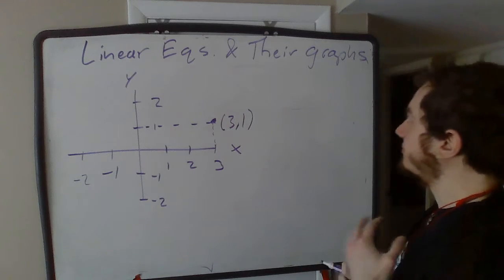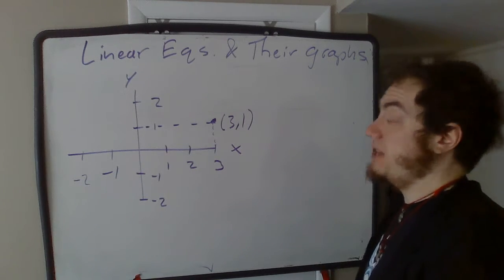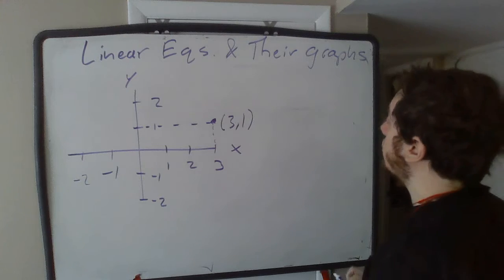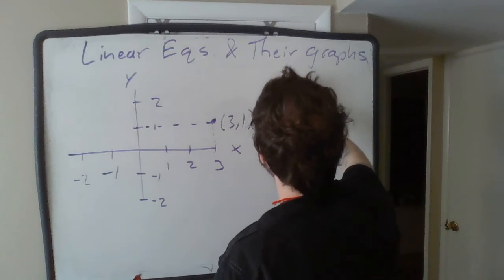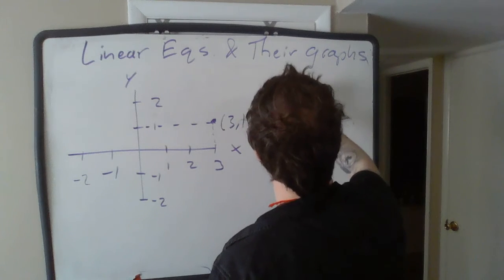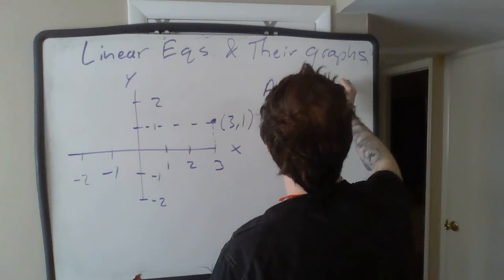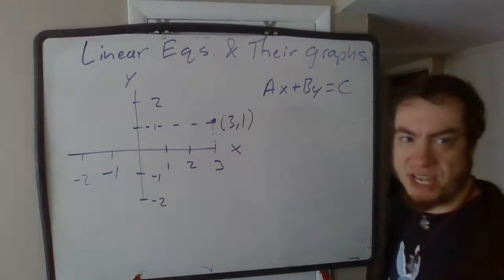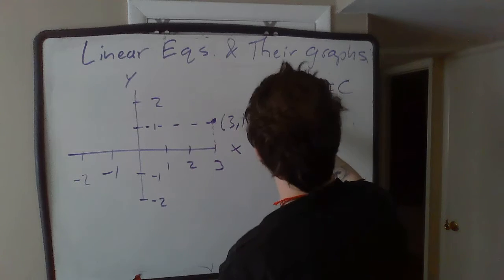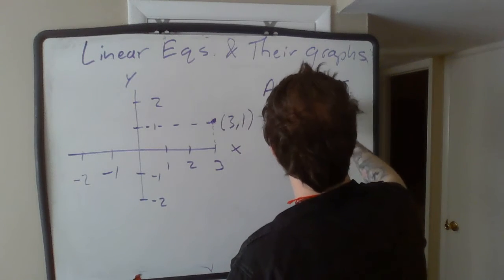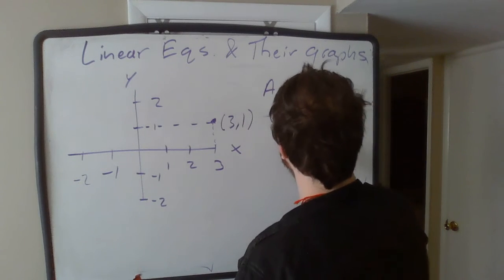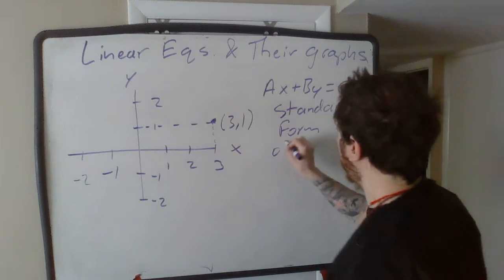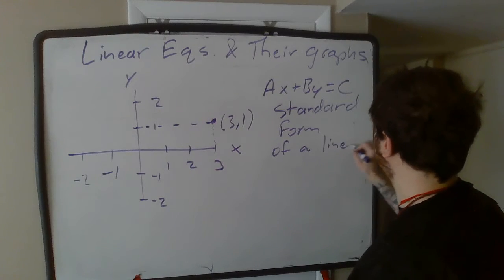Now, what I want to talk about today is going back to the linear equations, which remember, a linear equation in general is something that looks like ax plus by equals c. This, by the way, is called the standard form of a linear equation.